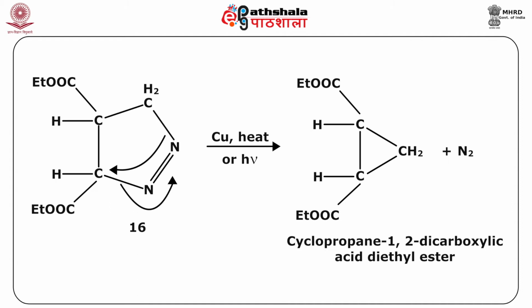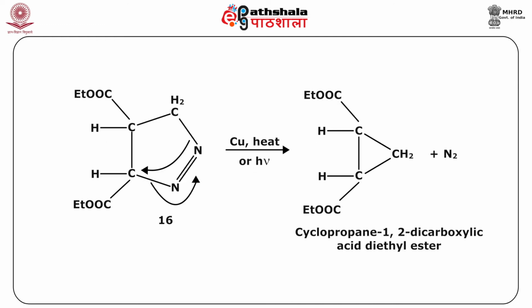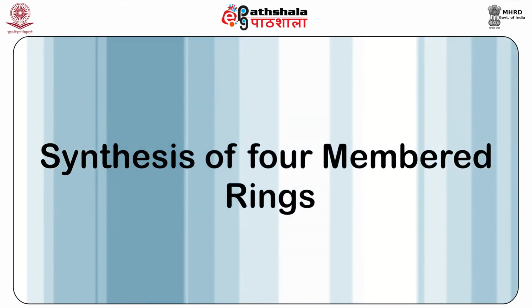This step is also known as the nitrogen removal step. In the next step, the hydrolysis and decarboxylation of cyclopropane derivative 13 gives the target molecule, cyclopropane carboxylic acid. If the reaction is done using potassium hydroxide and platinum as a catalyst via the thermal route, it is known as the Kishner cyclopropane synthesis.